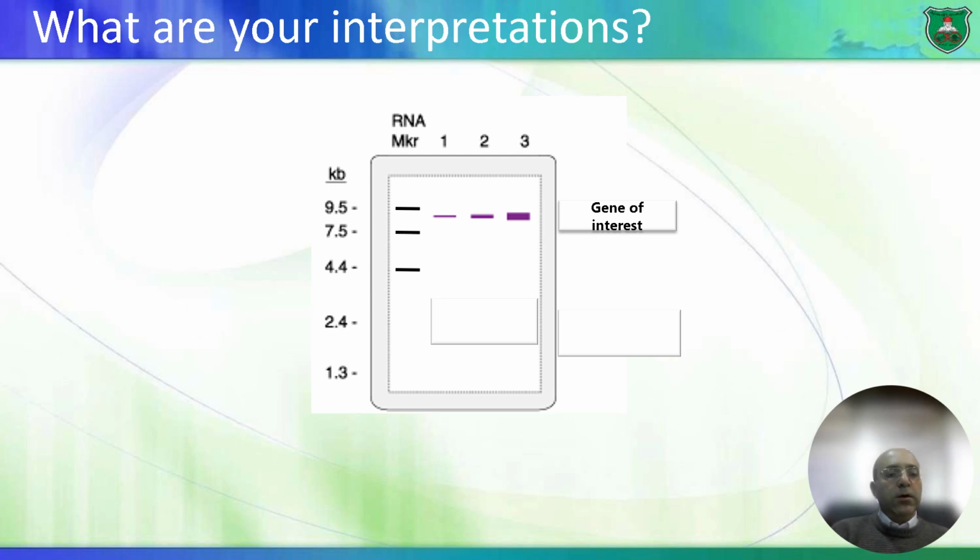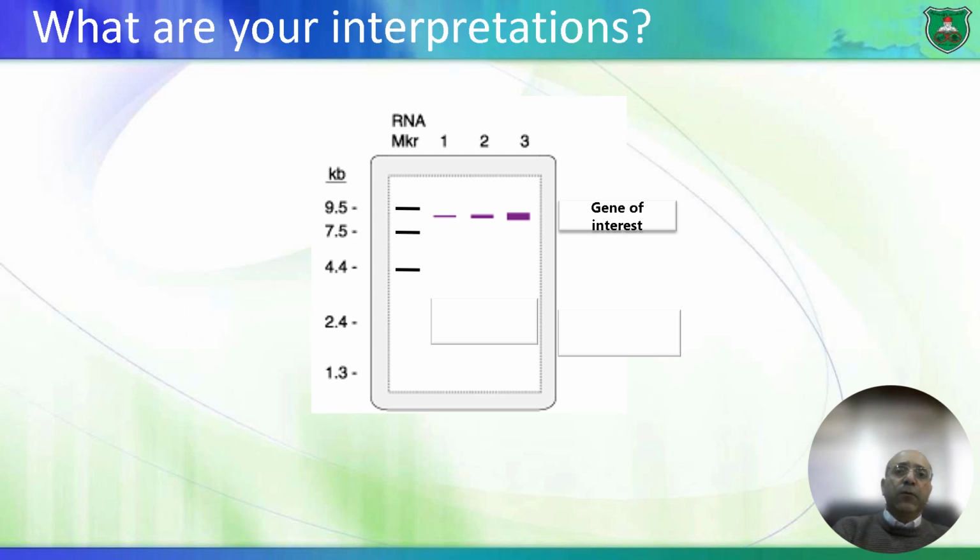For example, muscle cells plus or minus potassium ions, or certain endocrine cells in the presence or absence of a certain hormone, and how this hormone might change the levels of expression of certain genes. So we're doing comparative expression among different samples.